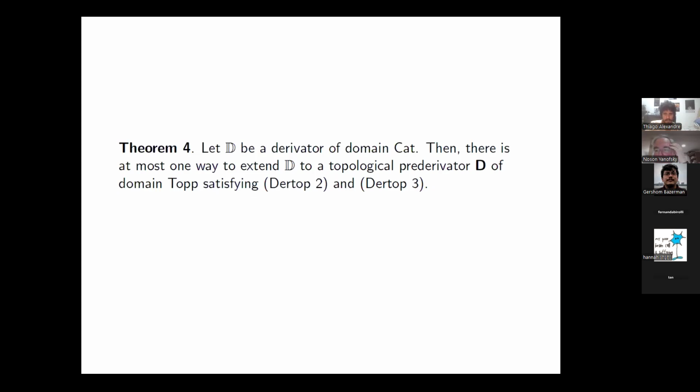So that's the theorem. Let D be a derivator of domain Cat. Then there is at most one way to extend D to a topological prederivator D of domain the topoi with enough points, satisfying the axioms Top2 and Top3.